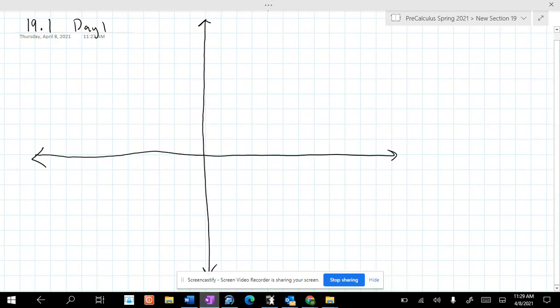All right, a limit. So let's say we have a function that's kind of broken up. This is called a piecewise function. But let's say the function goes like this. Like this. A piecewise function.